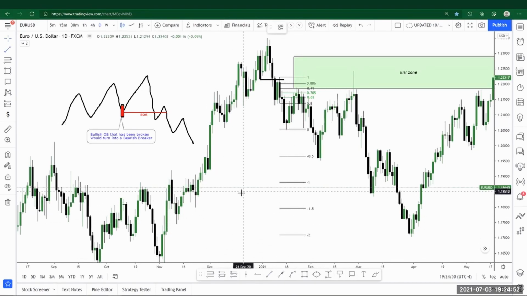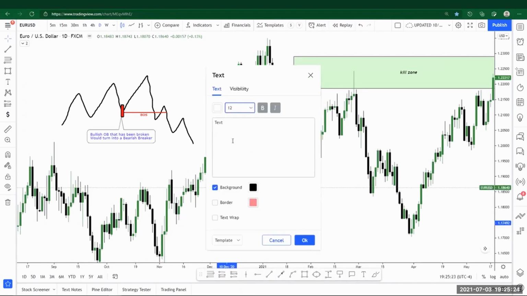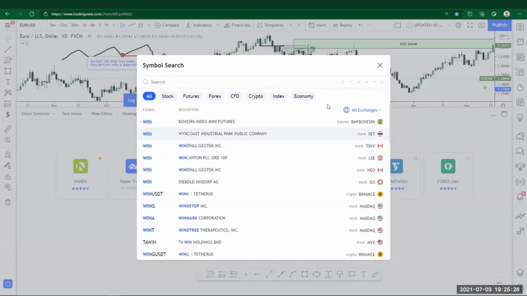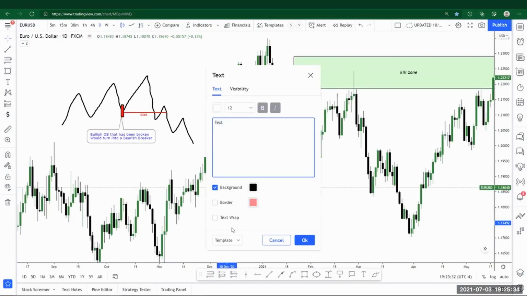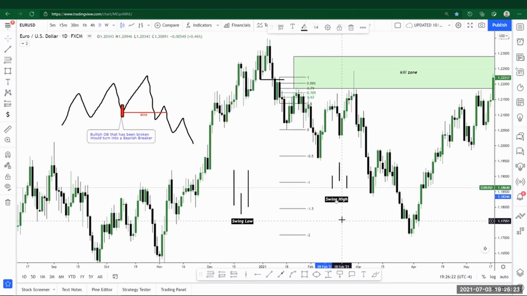So it would look something like this. Oops. Okay. That is a swing low. Take this down. Whoa. Don't know what happened right there, guys. Sorry. That's a swing low. That's a swing high.